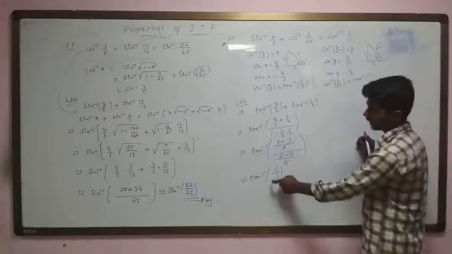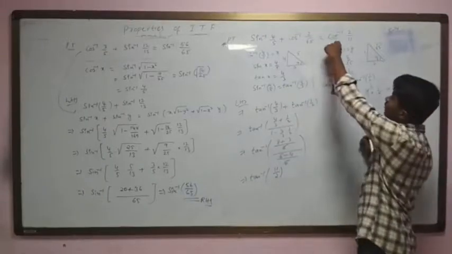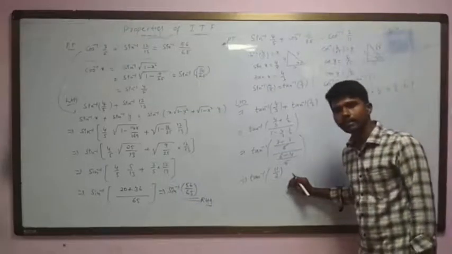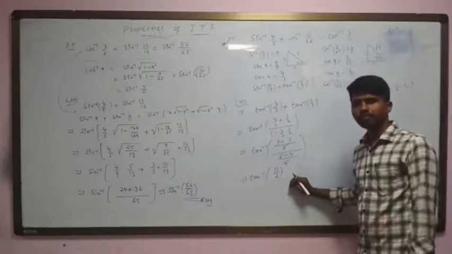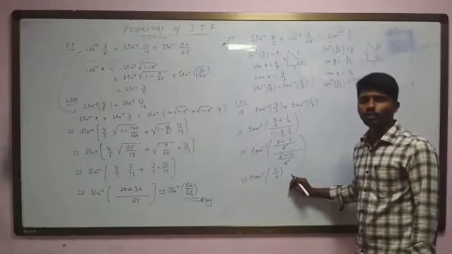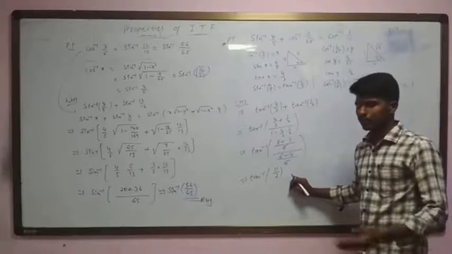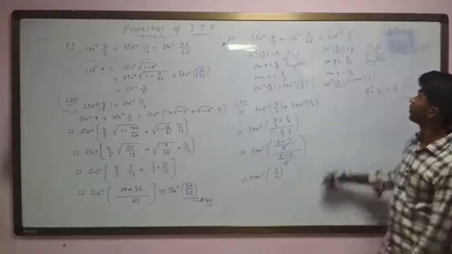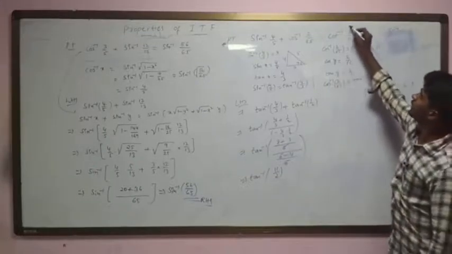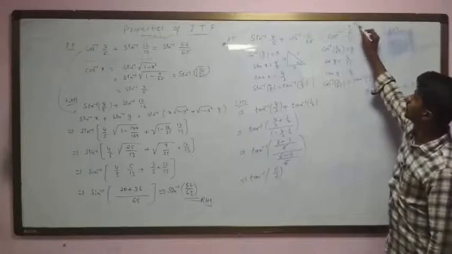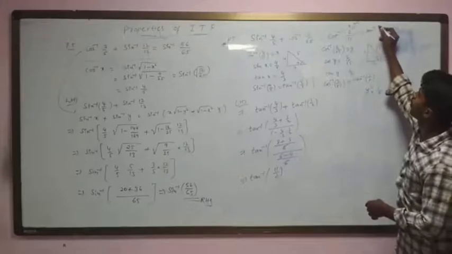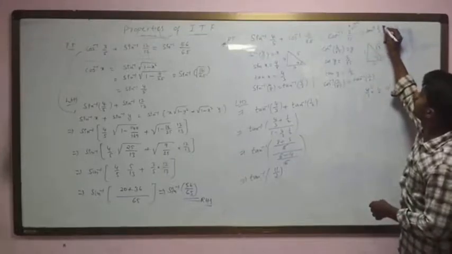See, it is tan inverse x, but I want the answer in terms of cot inverse. Tan inverse x can be written as cot inverse of 1 by x, where x is greater than 0. So this can be written as cot inverse of 2 by 11.